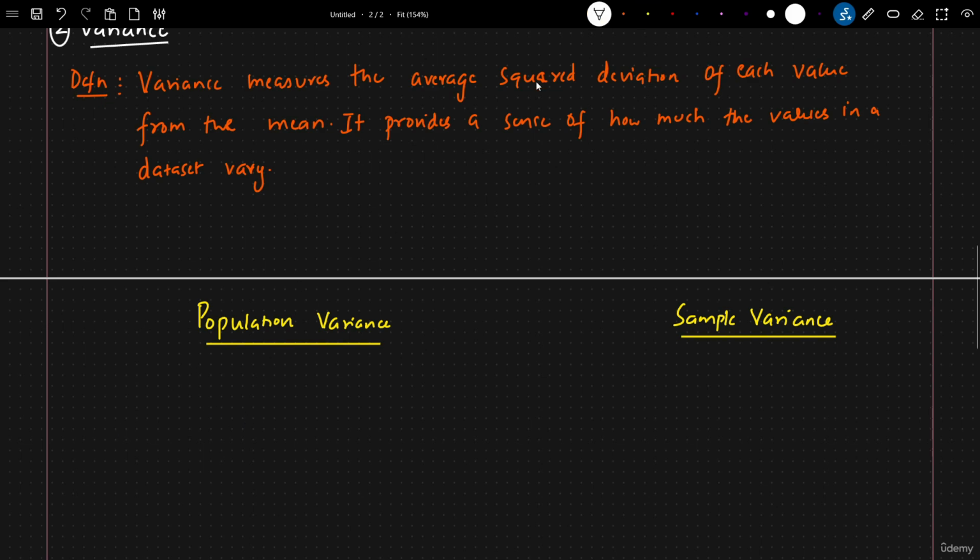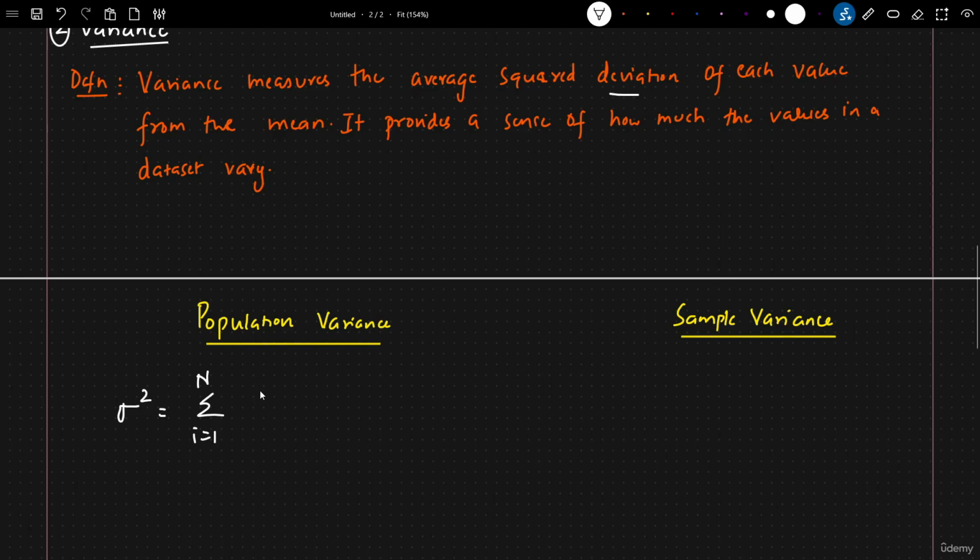Okay, so population variance is given by the symbol sigma square, which is nothing but summation of i equal to 1 to capital N, because this is my population, right? We have to go up to N. Now, variance measures the average squared deviation of each value from the mean, right? What does deviation basically mean?